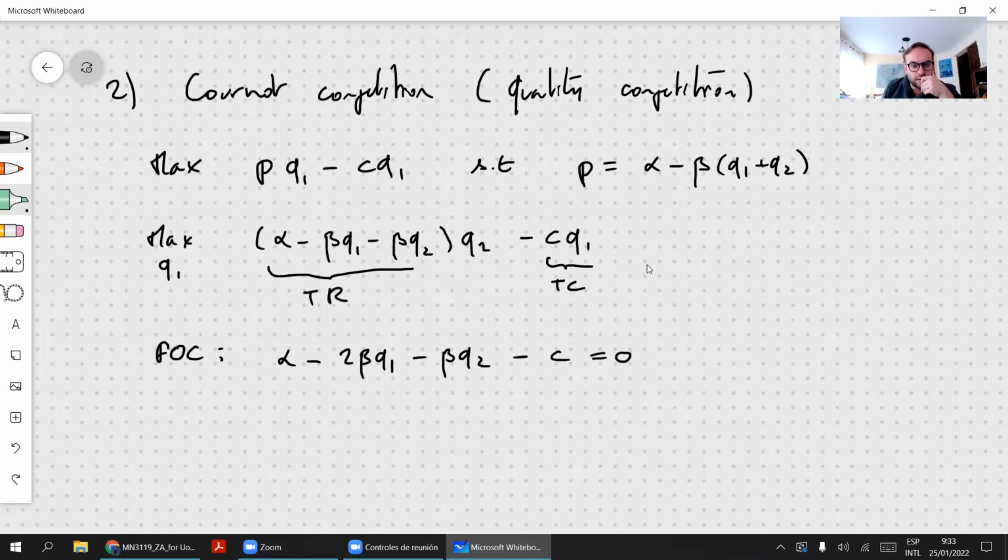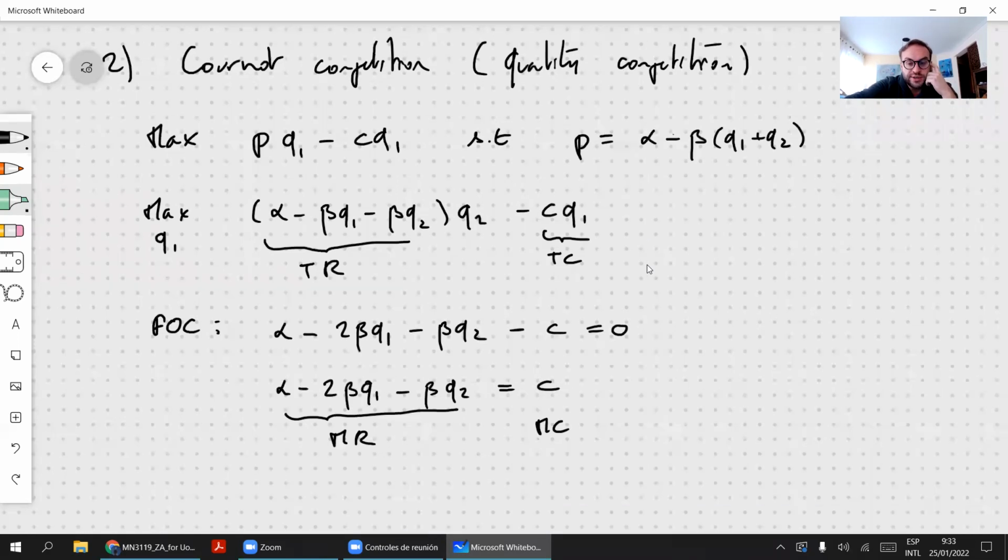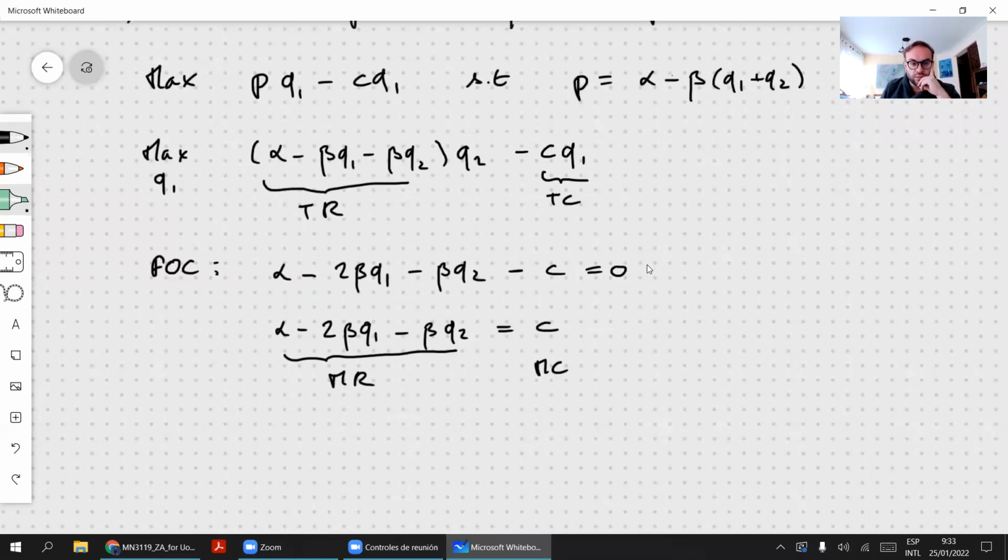Or again, I can write this as alpha minus 2 beta Q1 minus beta Q2 is equal to C, where this is marginal revenue, and then I get marginal cost, which needs to be equal. I'm putting this detail because we're going to need to remember marginal revenue when we do double marginalization in a few moments, hopefully.